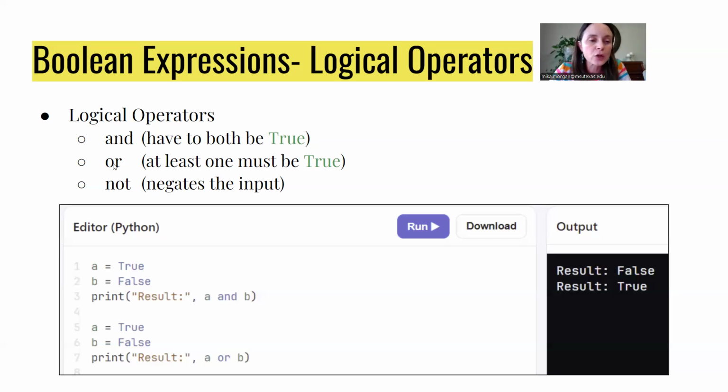The or operator, you only have to have one. You can have both, and that's great, but you have to have at least one for the entire thing to evaluate to true. So the example I kind of give for this in class is there are two different ways that you can have money. You either have money because you were born wealthy, so your parents are rich, and you have money just from inheriting it, family money, or you have money because you earned it yourself.